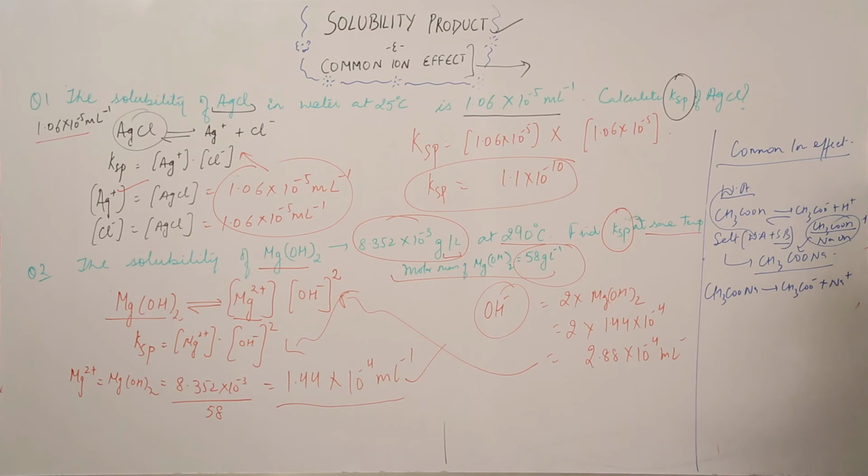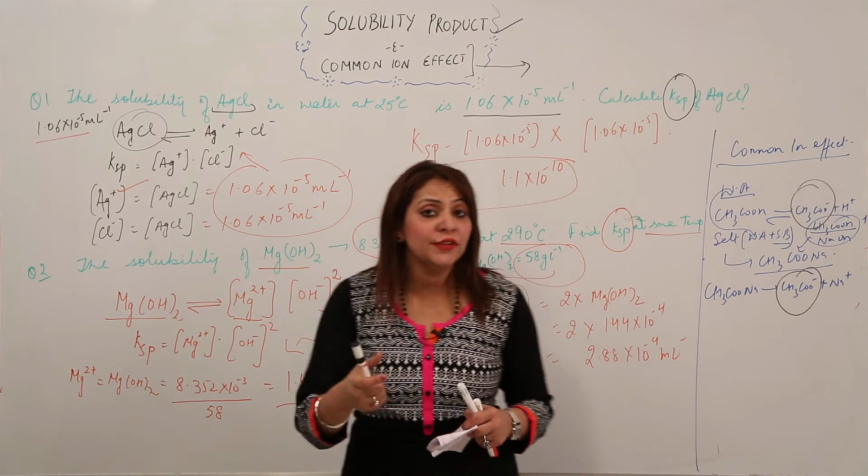Now what is going to happen? When it dissociates, the acetate ion concentration is going to increase, because it gives the same ion, the common ion. Now what happens when this common ion concentration increases?